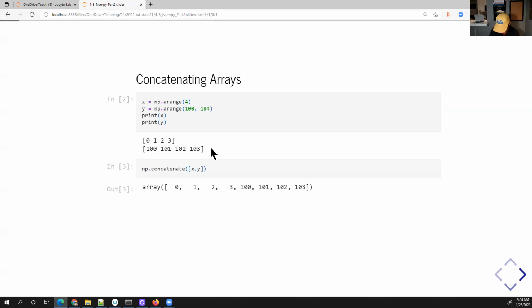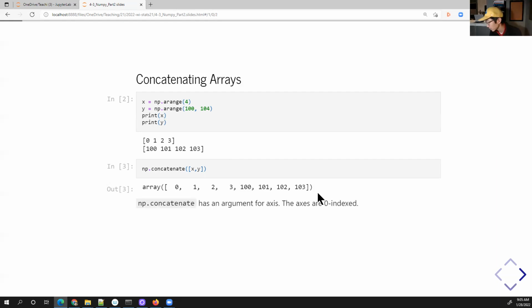If you just call concatenate, this will concatenate on the only dimension that exists, right? There's only one dimension, so it's basically a line, and then you've got another line. If you ask to join two lines together, it's just going to make it longer. So you get 0, 1, 2, 3, 100, 101, 102, 103.